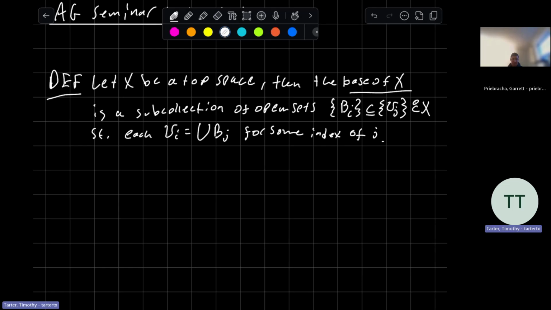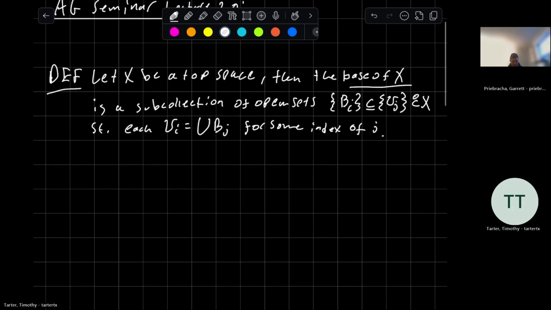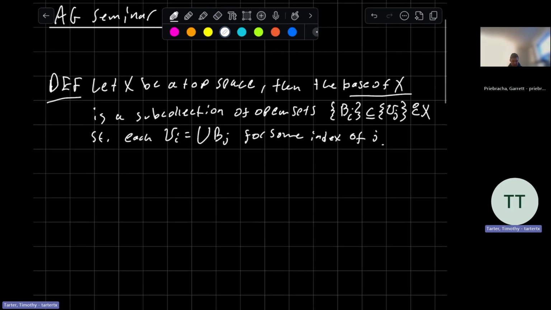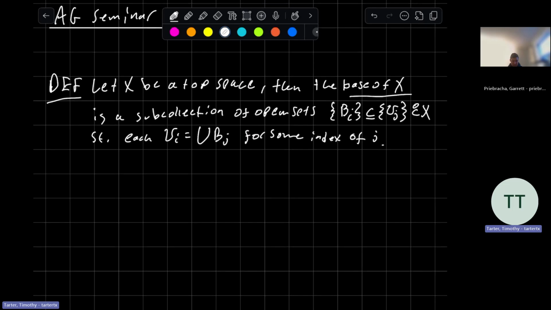One example that we've seen early in your mathematical life: if X is R^n, then the classical topology is defined with open balls. And open balls form a classic base of the standard topology.